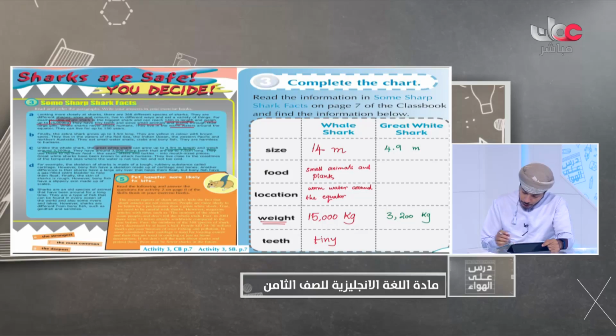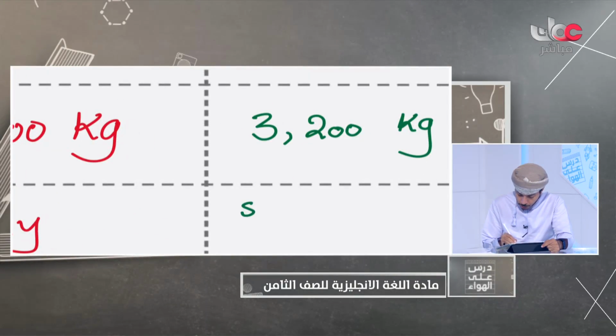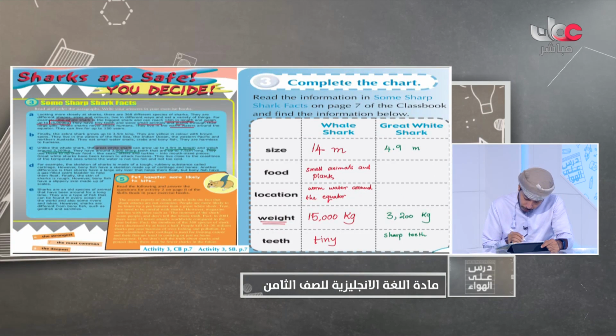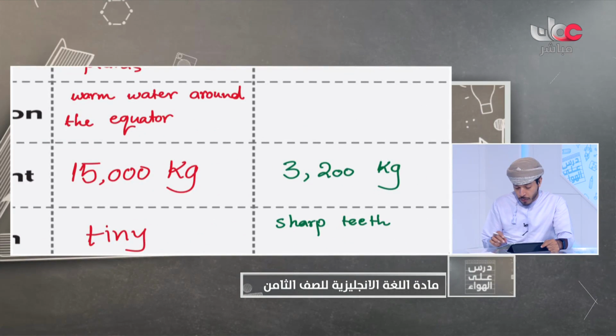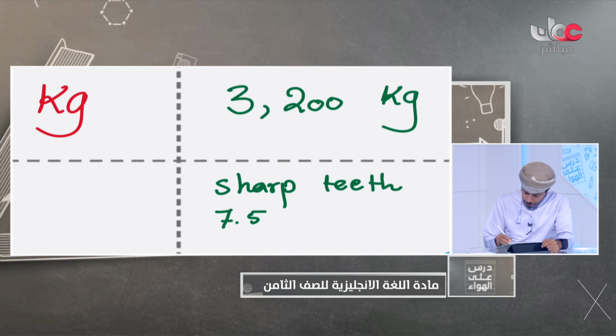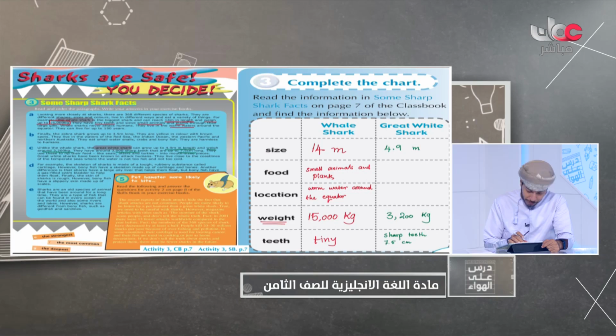So here we have sharp teeth, not tiny ones, up to 7.5 centimeter long. So it is very big, and they are very sharp. So they are 7.5 centimeter long. Wow, it's a very frightening shark.